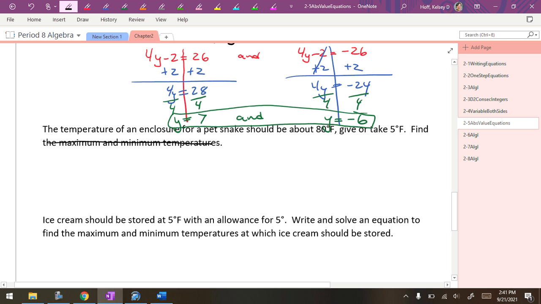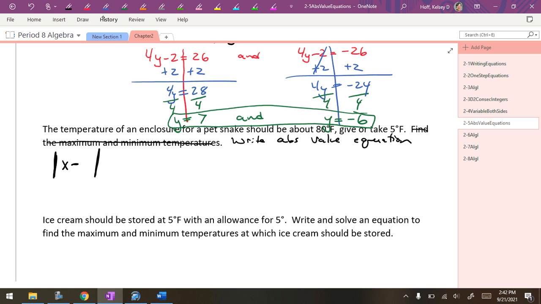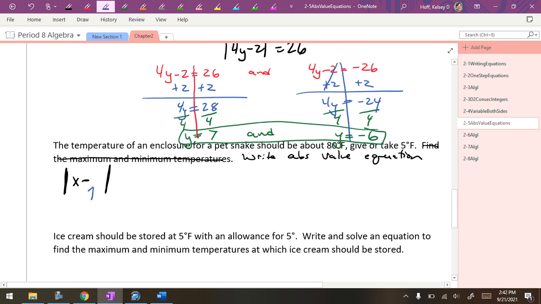All I really want us to do here is to write the absolute value equation. We're not even going to solve it. When you write an absolute value equation, in your absolute value bars, you go x minus, and this number right here is your goal or the ideal or the want, what you're aiming for.